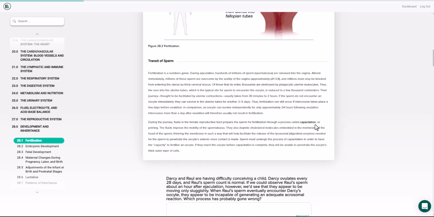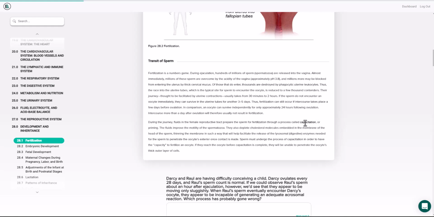This process is called capacitation. They become more capable of swimming. Basically the fluids in the female reproductive tract strip off some layers around the head of the sperm, making them more able to swim and more able to penetrate the egg. So that capacitation process is important.